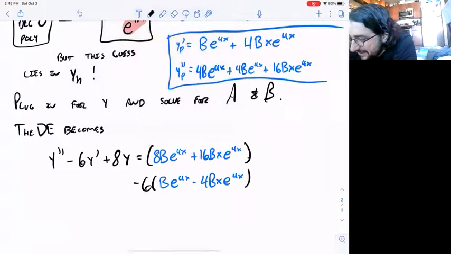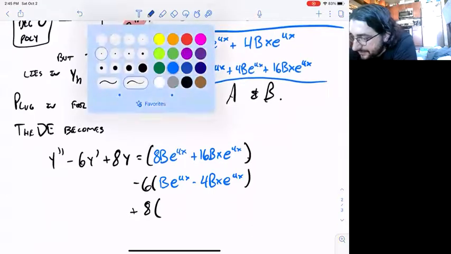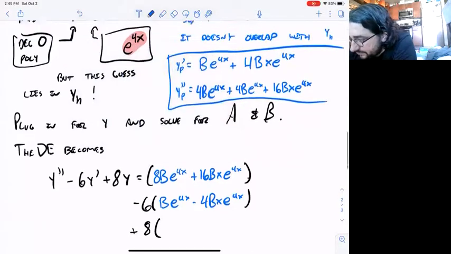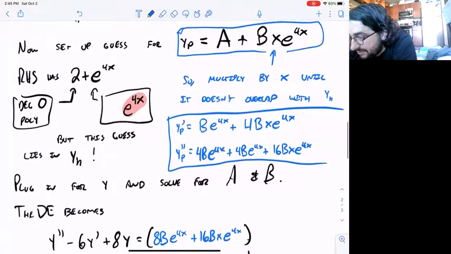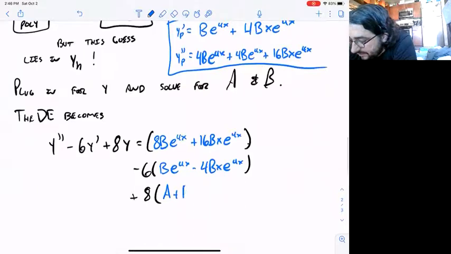Then lastly, I'll have 8y, and y is just y_p, right? A plus Bx e to the 4x.